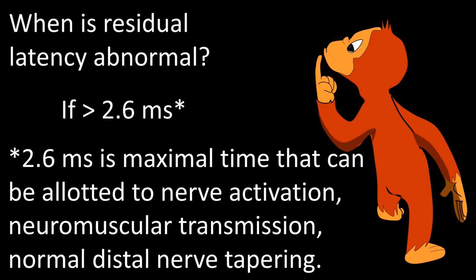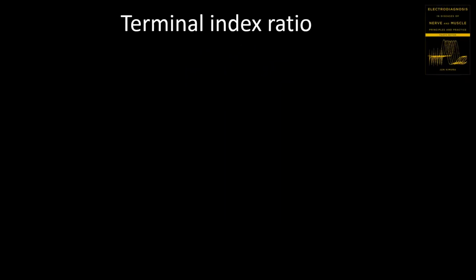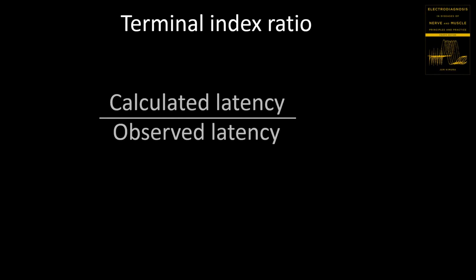2.6 milliseconds is the maximal time that can be allotted to nerve activation, neuromuscular transmission, and normal slowing of conduction due to distal nerve tapering in the normal individual. The third element is terminal index ratio. The terminal index is calculated by dividing the calculated latency by the observed latency.